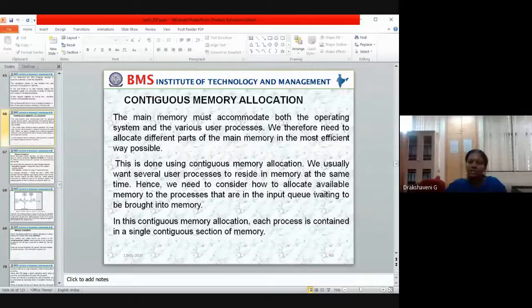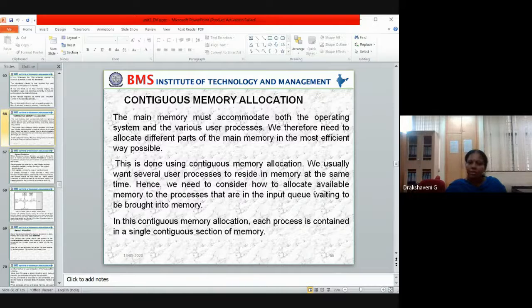When Akash asks for some memory, that is removed from the free space and given to Akash. Mithili asks for some more space, and that is given to Mithili. In the same way, Bhavisha asks for some more. If it is available, only then can we give what she asked. If it is not available, we have to wait till Mithili and Akash give the memory back. So that's contiguous memory allocation.